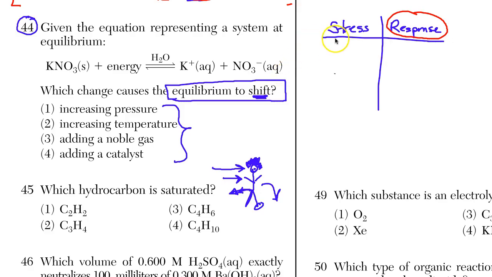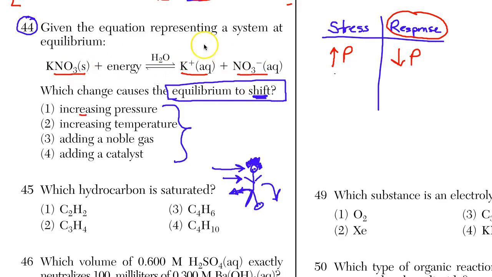toward equilibrium. All right, so let's do the first one, increasing pressure. So if I increase the pressure, what's the response by the reaction? To lower the pressure. Now, when we deal with pressure, we count moles of a gas. And this is a solid. This is an ion dissolved in water, aqueous, and this is an ion dissolved in water.